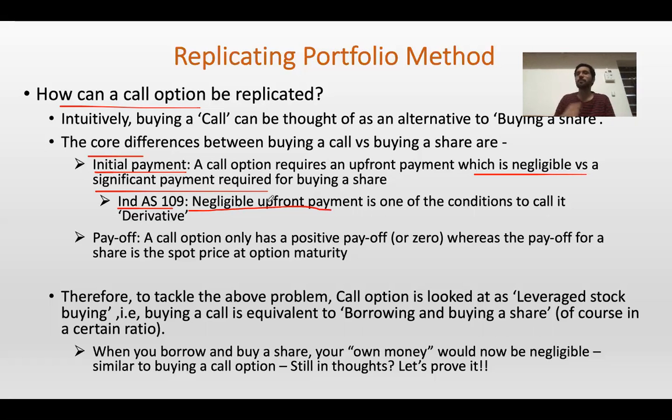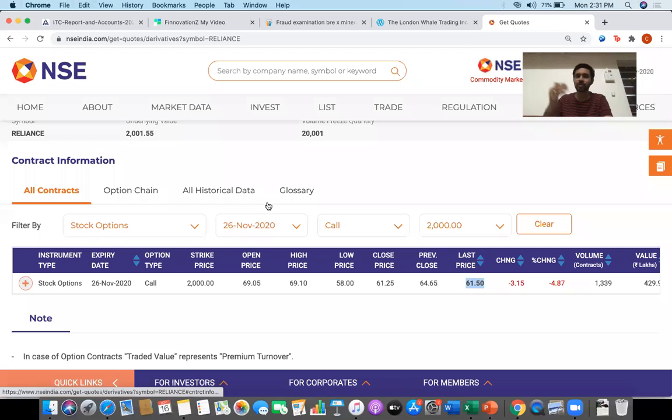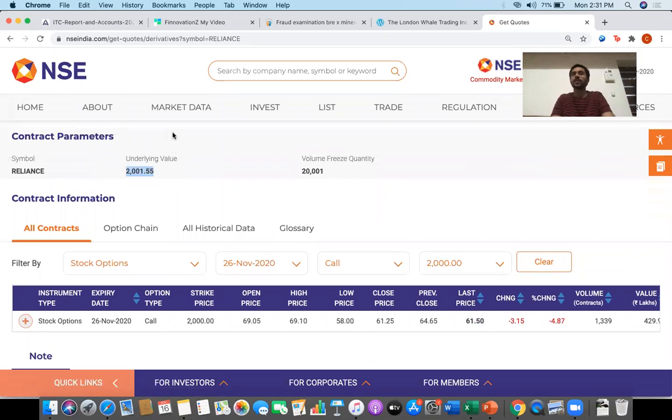The initial payment that is required should either be zero or very minimal compared to what you would have paid to actually get exposure in the underlying value. To get an exposure to the underlying value, you must pay 2,000 rupees for Reliance to buy a share, but you're able to get the exposure for the underlying just by paying an initial investment which is equal to 61.5.